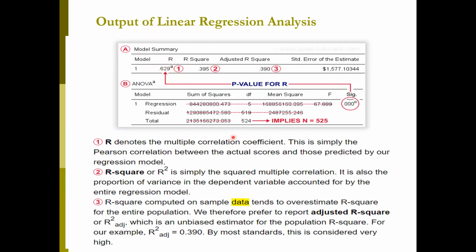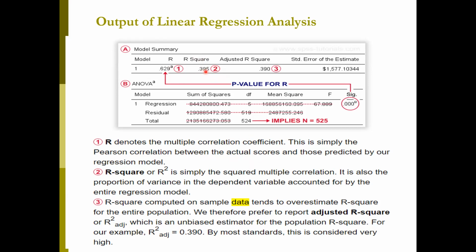So what do we say? We say that the Pearson correlation between the scores is 62.9%. Our R squared, sorry, is 0.395.